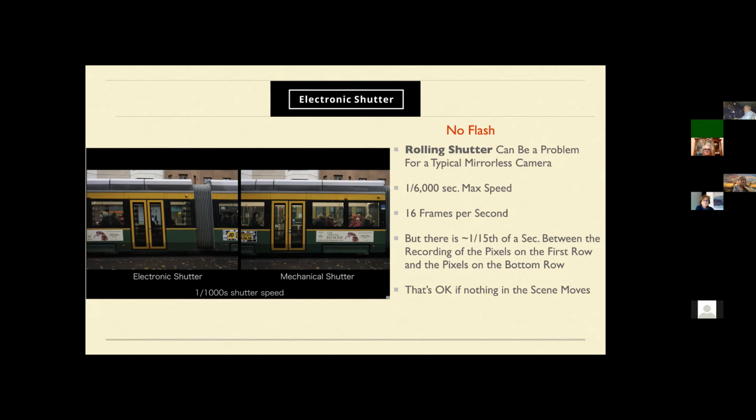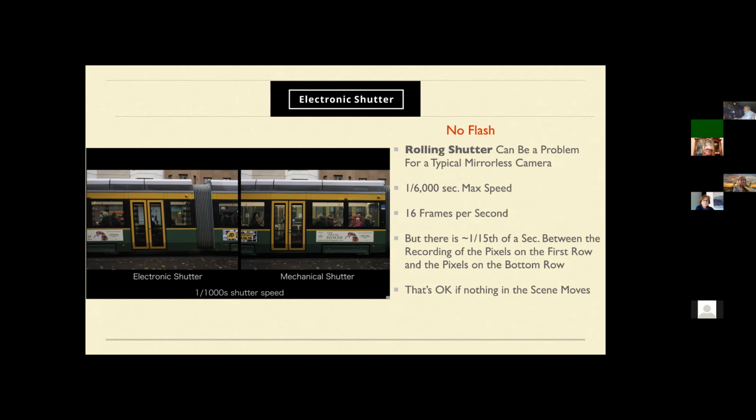So the top of the doors are off to the left relative to the bottom of the doors. And the reason for this is that in the 1/15th of a second it took for the sensor to scan, the train moved and it captured the doors at the top later than the doors at the bottom. And I can tell this was taken with an Olympus camera because it's leaning to the left. Olympus, as I mentioned earlier, scans from the bottom up.